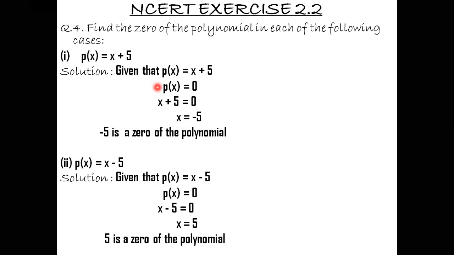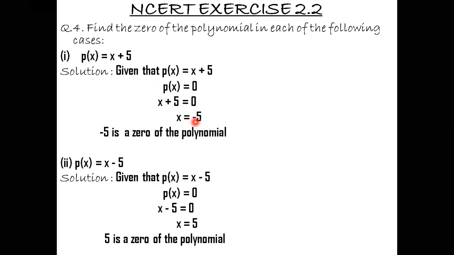What is my P of x? That is equal to x plus 5. So instead of P of x, I will write x plus 5. So x plus 5 is equal to 0. And this when solved gives me x is equal to minus 5, because the plus 5 goes to the other side, it becomes minus 5. So minus 5 is known as the 0 of the polynomial.